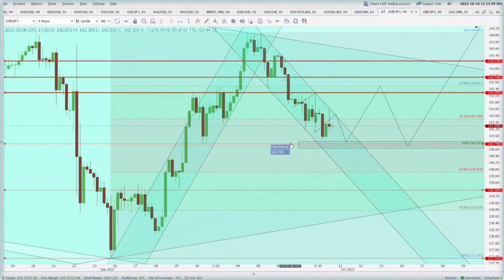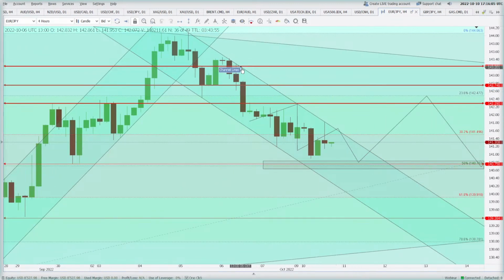Right now, where is the support? 140.75 is the immediate support here. This is almost 25 30 55 points away from the market now, and on the higher side we have a resistance at 142.29, and of course this falling channel's resistance line will be acting as a good dynamic resistance for the price when it meets this channel's resistance area.